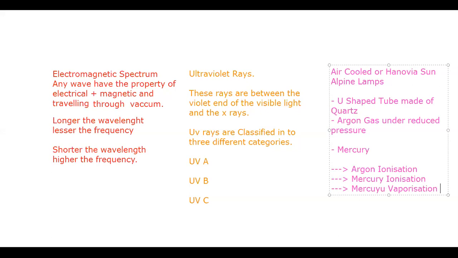These are the three phenomena because of which UV rays are produced therapeutically in sun alpine lamps, also known as air cooled lamps. Another important phenomenon, which is denoted by dots, is the tridynamide formation. So these are the important points from our previous lecture.